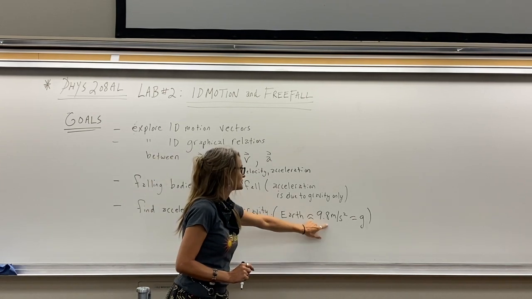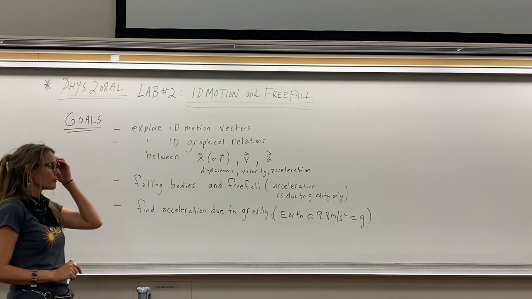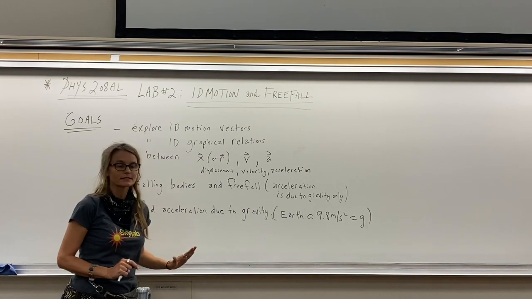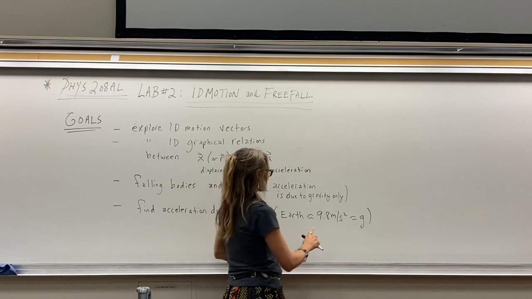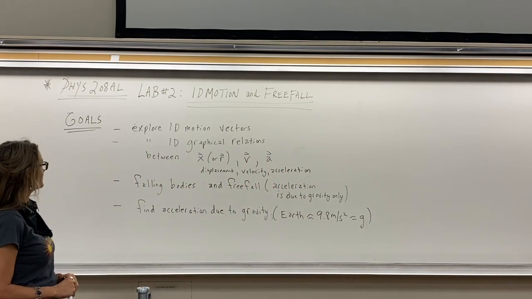So something to look into. This is a lot trickier to measure on the surface of the Earth than you would think. So for our cases, anything that we do experimentally in this lab, we want to compare to this little g value, okay, which is 9.8. That'll be our approximation, our theoretical value.